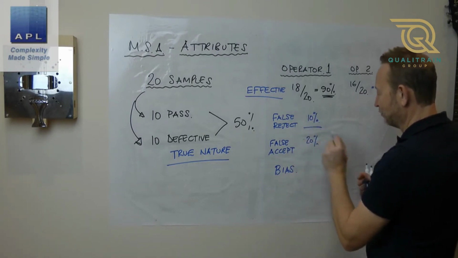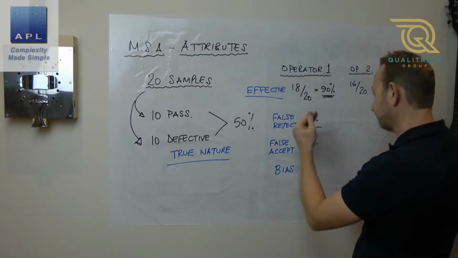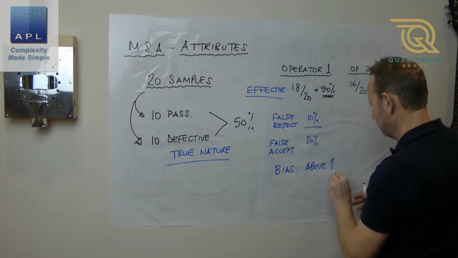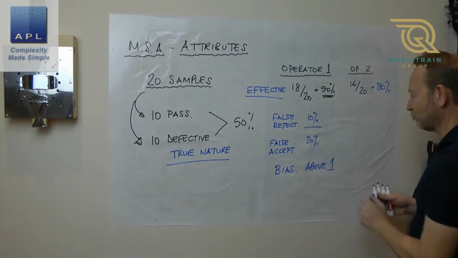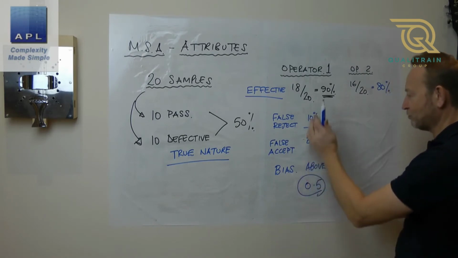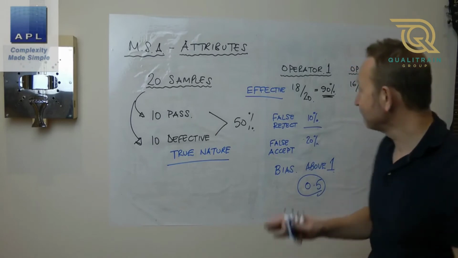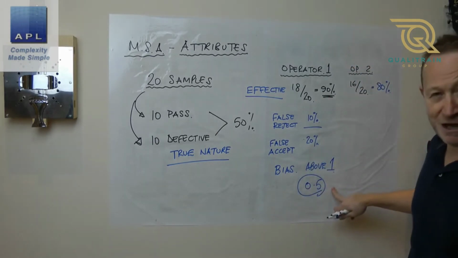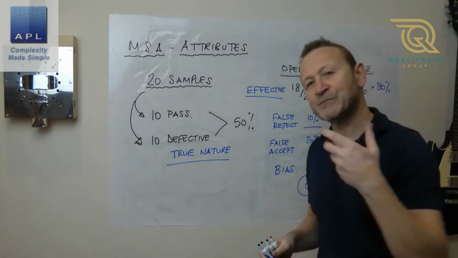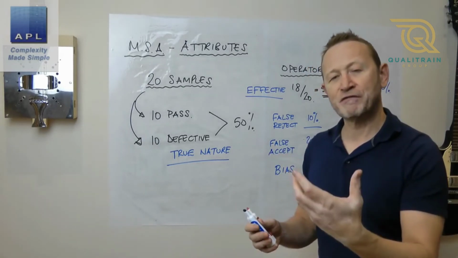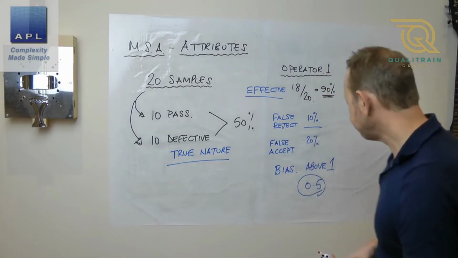Often what people do is they divide one by the other, and you want the bias to be above 1. In this case we're below 1. We are at 0.5. So the bias would be going in the wrong direction. So here, if we said this person was 90% effective, but they had a bias to being too loose, we would still say they need work, they need help to refresh their standards.